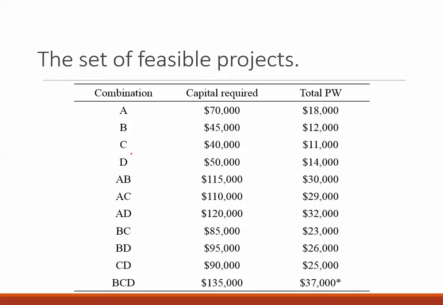So then I start combining. AB 115, AC 110. I'm just trying to stay, these all need to be under 150,000.